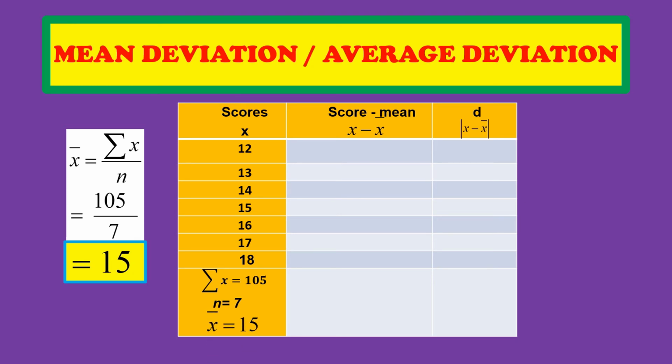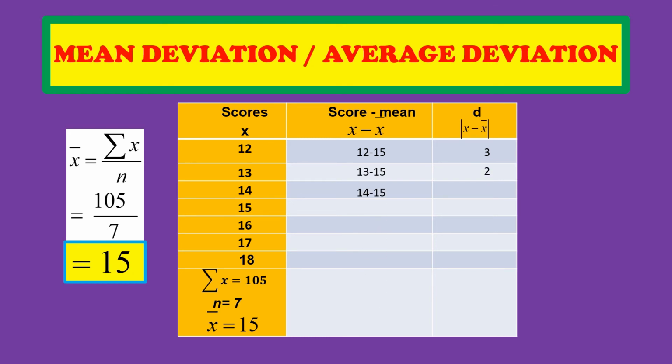We need to subtract the mean from each of these scores. That is 12 minus 15, that is actually negative 3. But since we are discussing absolute value, there is no negative result. So we have only 3. Then we have 13 minus 15, that is 2.